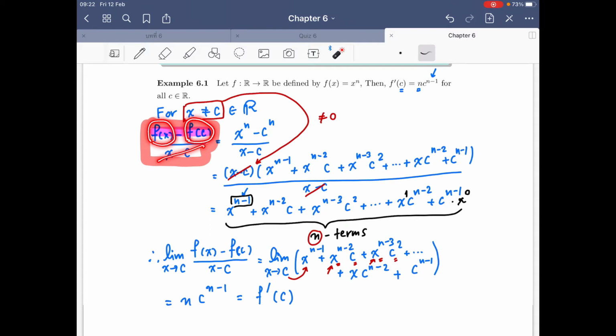And if under the limit f of x and f of c are the same, then it means that f is continuous at that particular point.